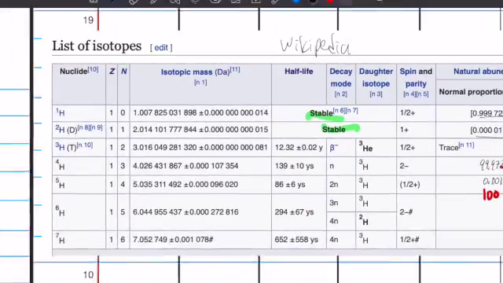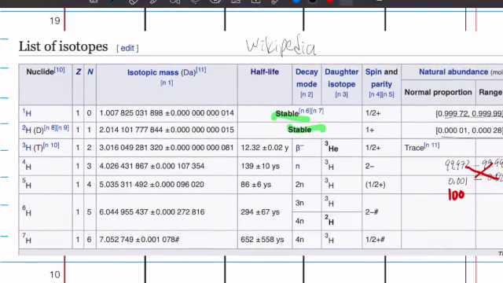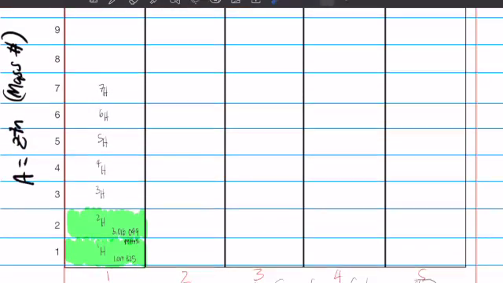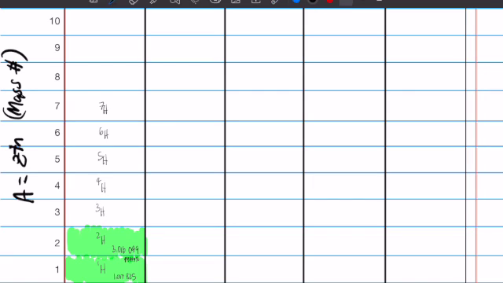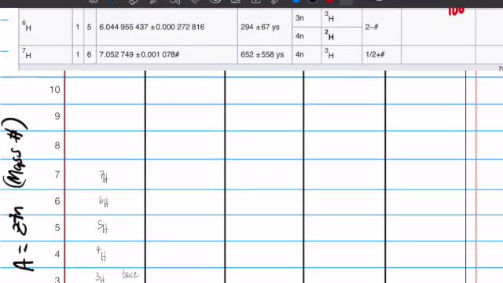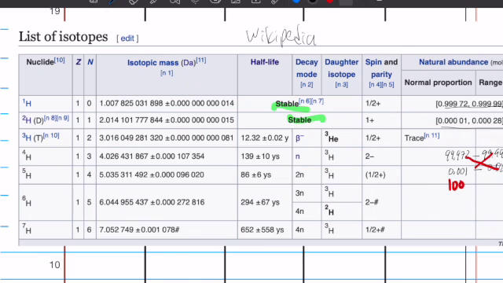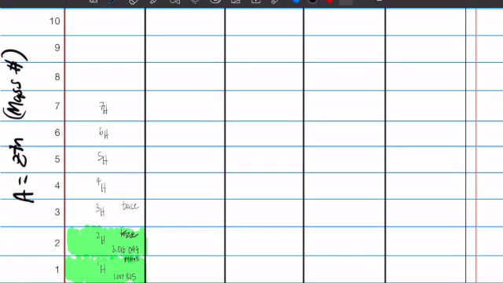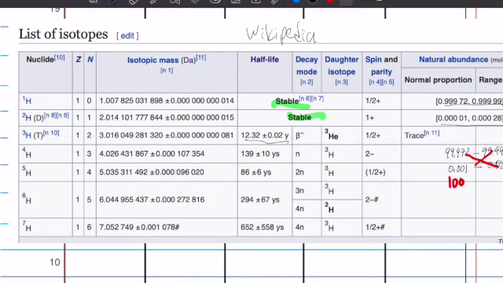Since it is not stable, it doesn't have an amount, but we could say trace. Now we see its half-life is 12.3 years. We see it turns into helium-3 by beta minus.